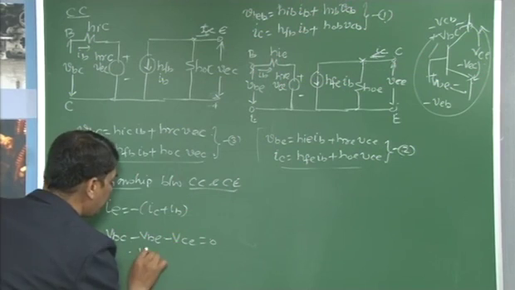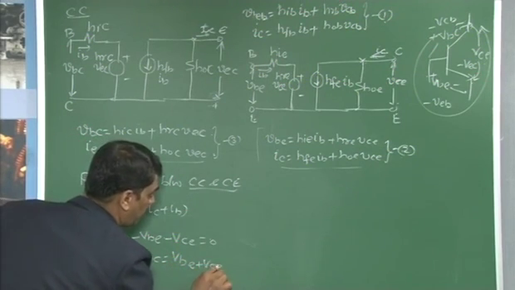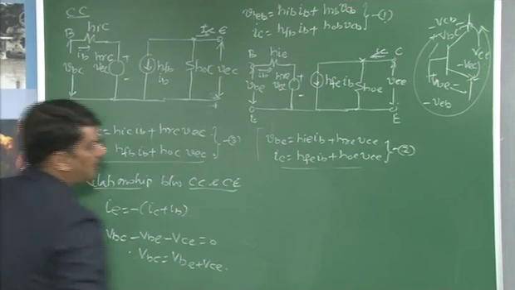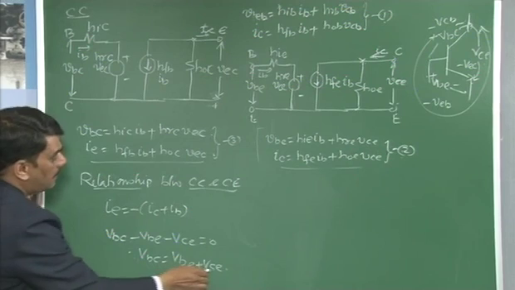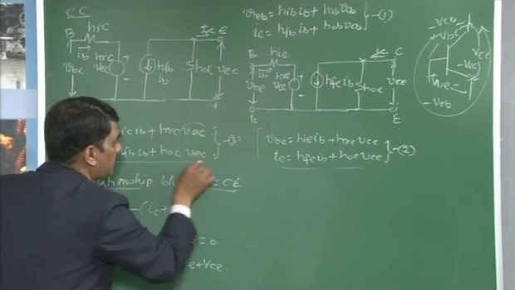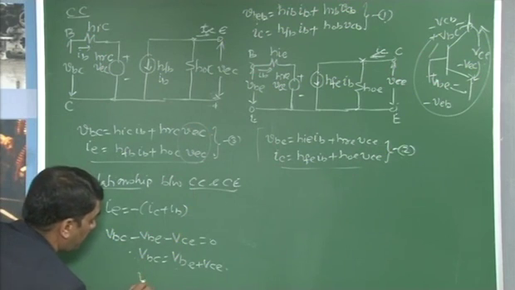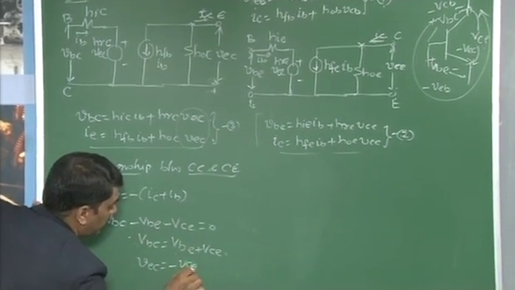Then VBC is equal to VBE plus VCE. But the equation required is in terms of VEC, therefore we have to modify this, where VEC is equal to minus VCE.